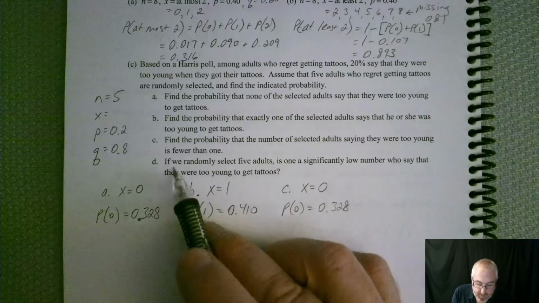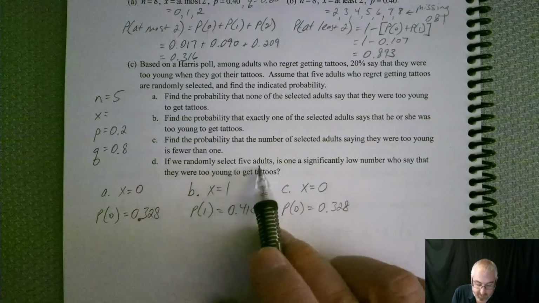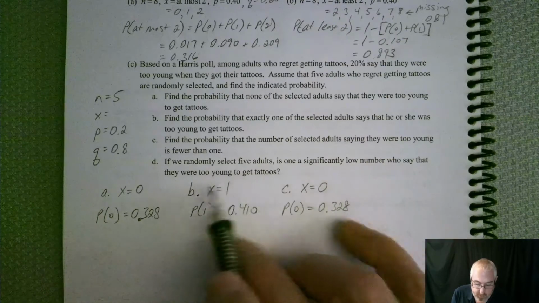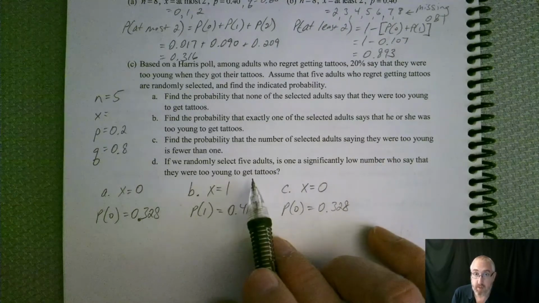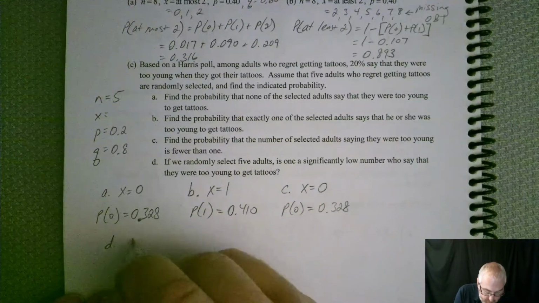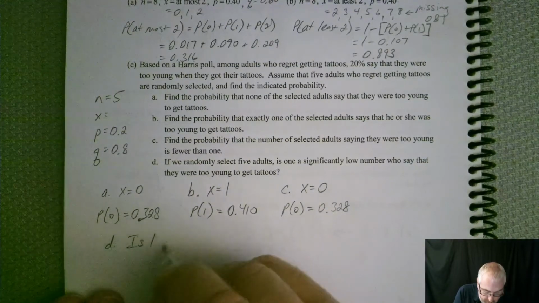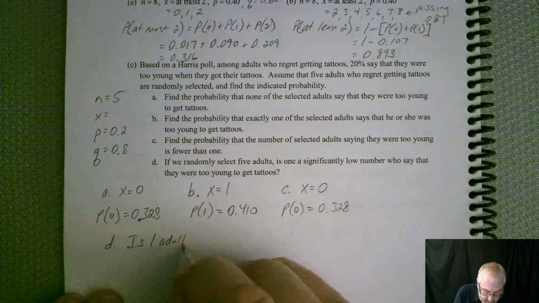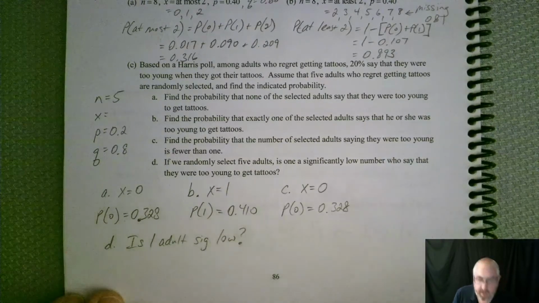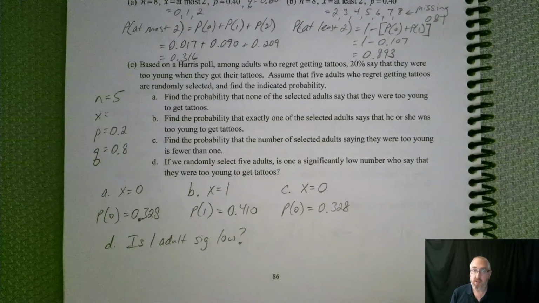Now, for part D, if we randomly select 5 adults, is 1 a significantly low number who say that they were too young to get tattoos? So now for D, is 1 adult significantly low? Now remember, to answer this question, if you're looking at significantly low, now we don't have any means or standard deviations or anything like that yet.